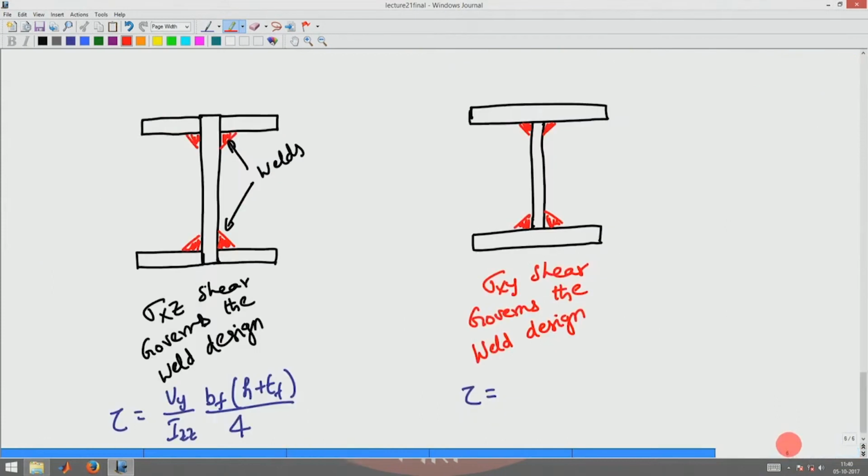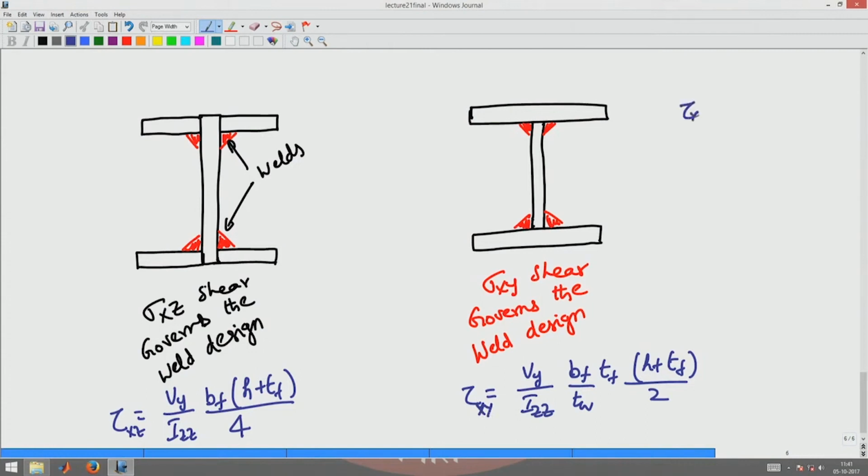Okay, so let us write that. Izz into Bf by Tw into Tf into H plus Tf by 2. Let us say this is xz, this is xy.